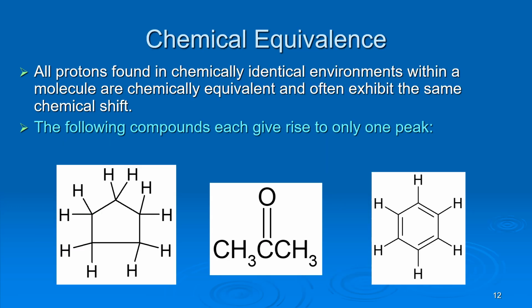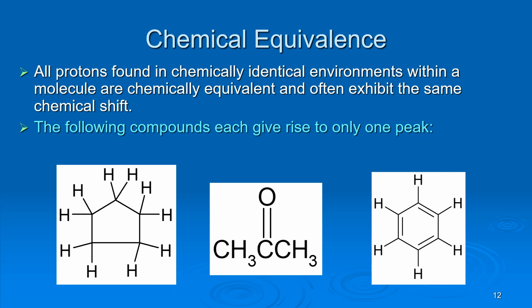All right, so how can you tell if 2 hydrogen are equivalent or not equivalent? In other words, will they give rise to the same peak or not? Here's why you need to know. Protons that are in the same identical environment will give rise to the same peak, or have the same chemical shift, or in other words, they'll need the same amount of energy to flip their spin. Notice that in all 3 of these cases, you're only going to get one signal because all the hydrogens are equivalent.